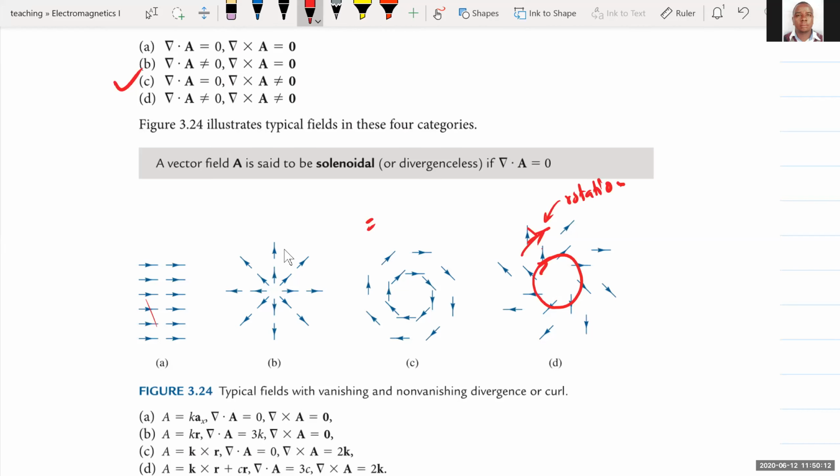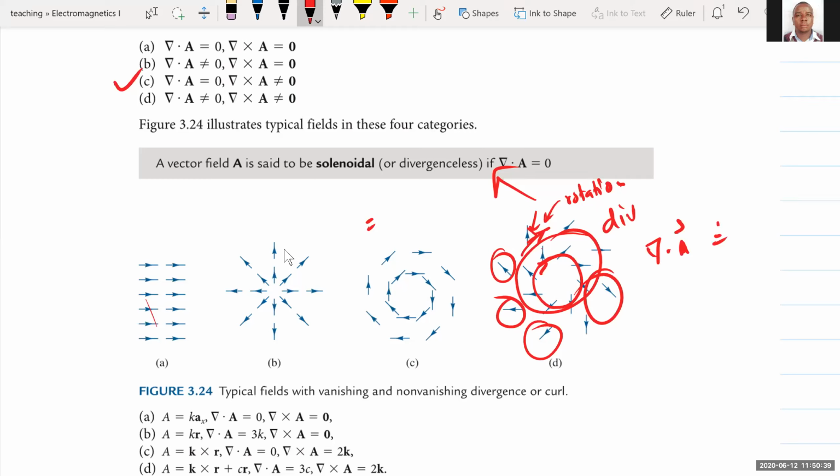Also, if you resolve this one, there would be some element going outward, because that is what divergence means: some components of this vector are leaving the volume, and therefore there is divergence. Then we are saying that the divergence of A will not be equal to 0, and the curl of A, by virtue of its rotation, is not equal to 0.